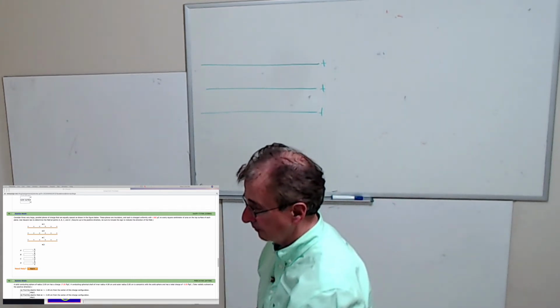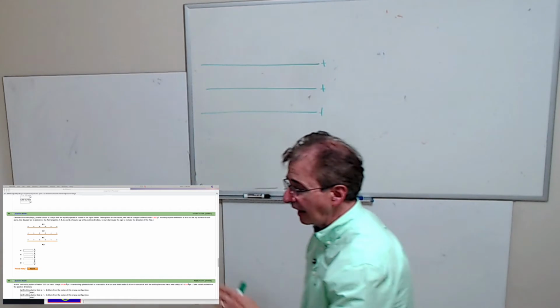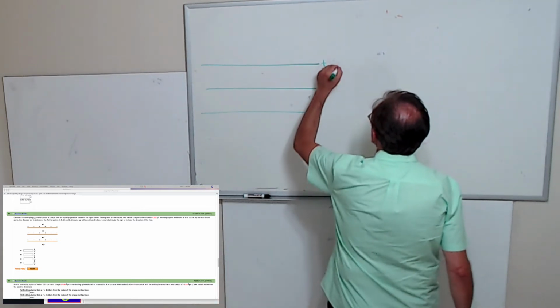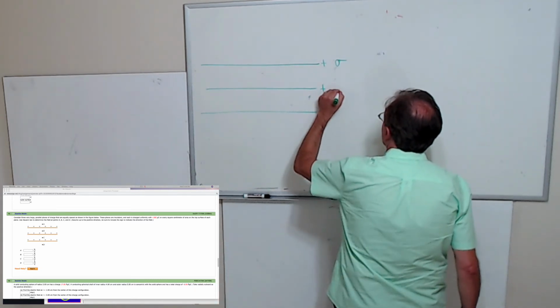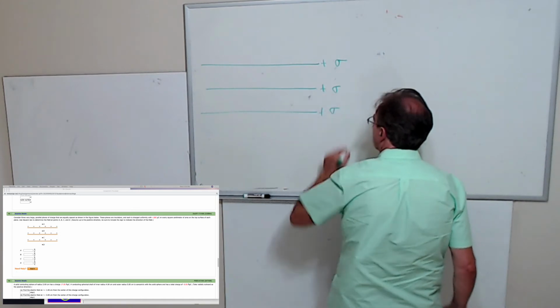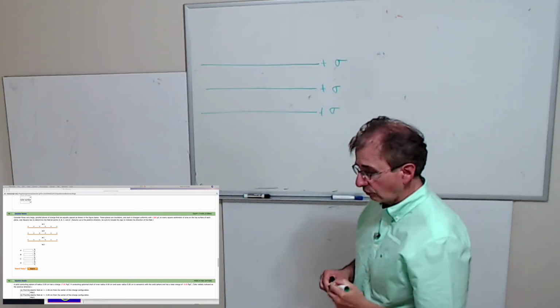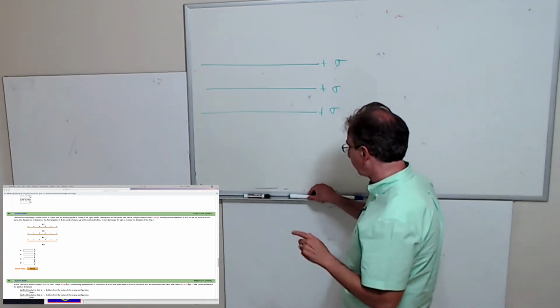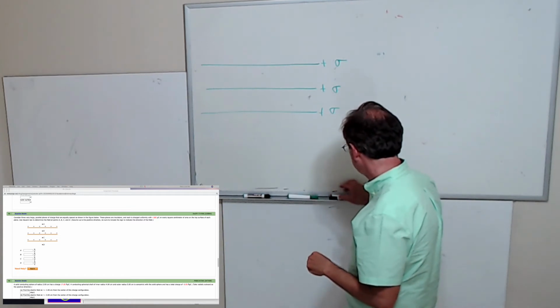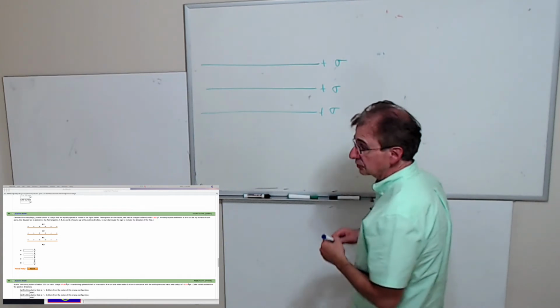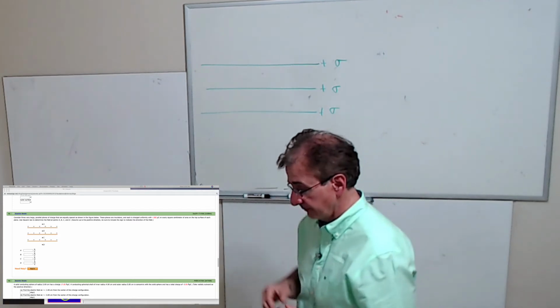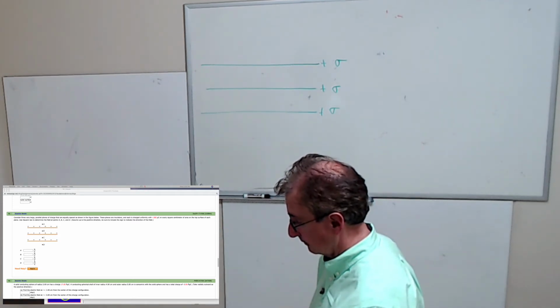And we're given a value for the charge. I'm just going to call it sigma. They're all the same. So what I want to do next is draw the field lines due to each plane.